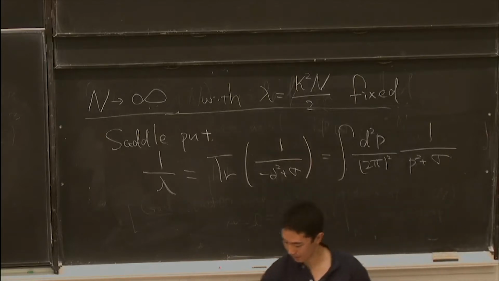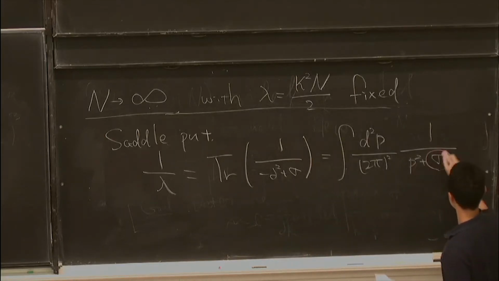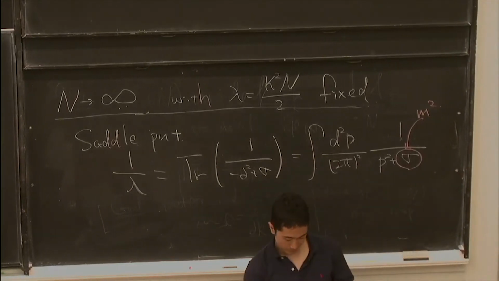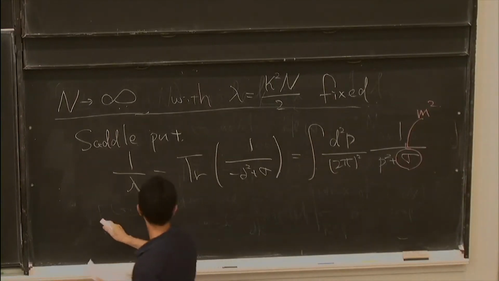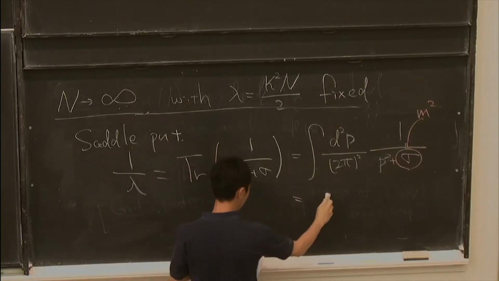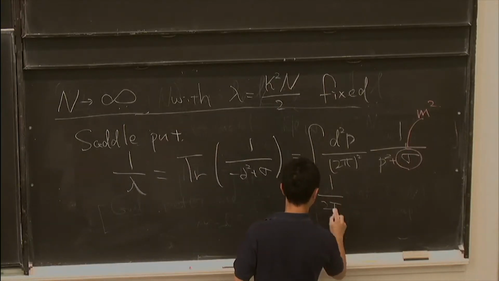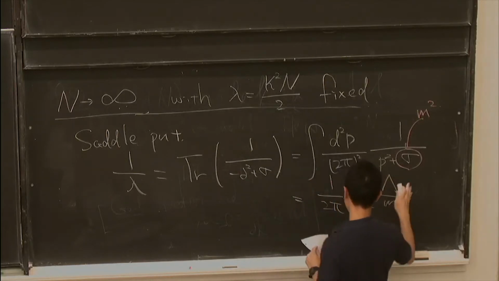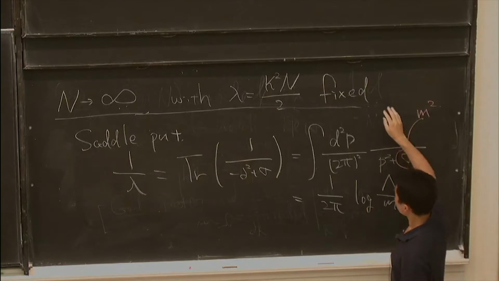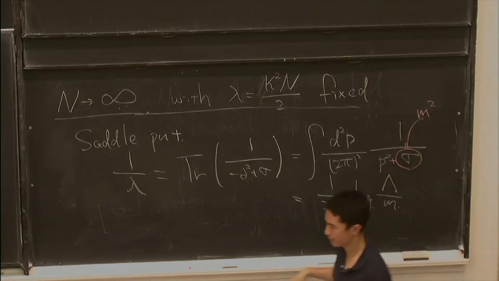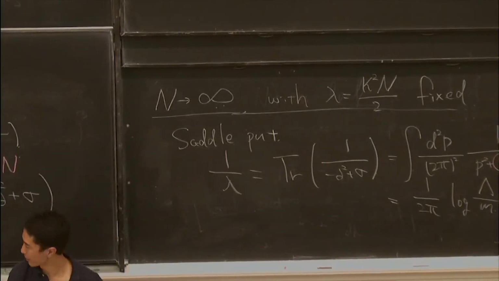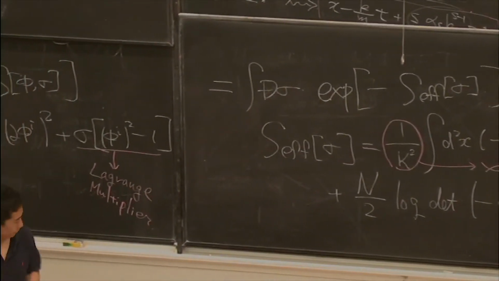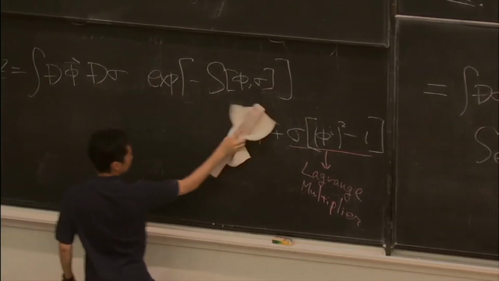And so let's call the expectation value of sigma m squared. Then what you get from here is 1 over 2 pi log of Lambda over m, where Lambda is a UV cutoff. And by using this relation, you can rewrite this relation in this way.